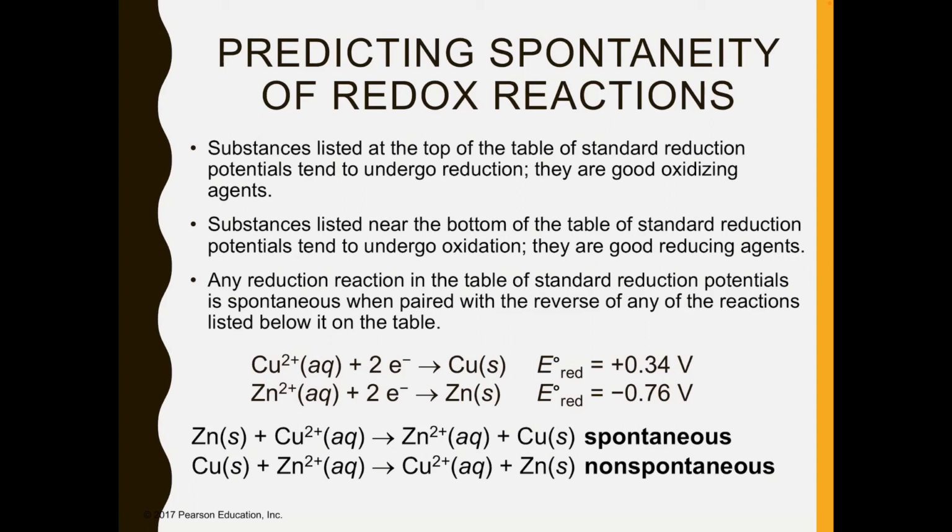So if we have one on the top and one on the bottom, and the one on the top is written as reduction and the one below it is written as oxidation, then that will be spontaneous. But if the one below is written as a reduction and the one above it is written as an oxidation, then it will be non-spontaneous.